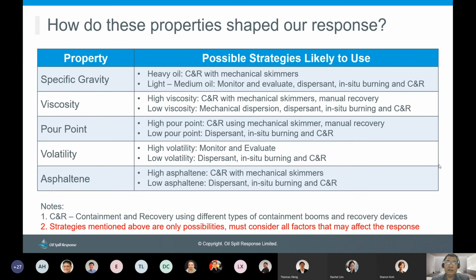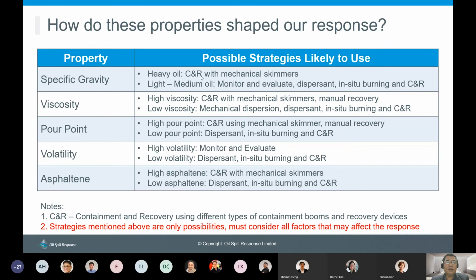So it's really the proper assessment of the whole situation that lets you decide an efficient way of removing the oil from the water. But knowing these properties already gives you an idea.